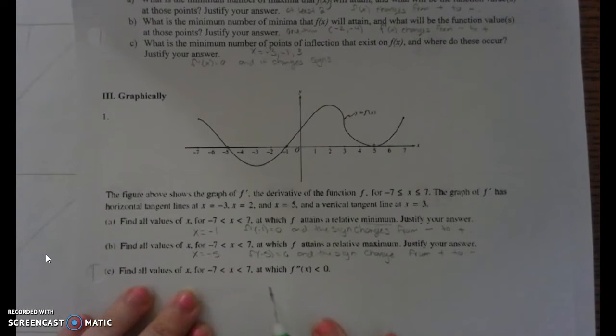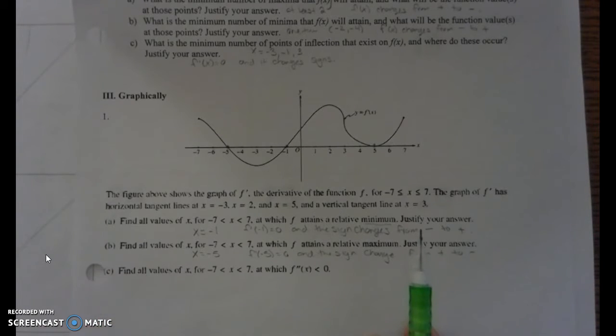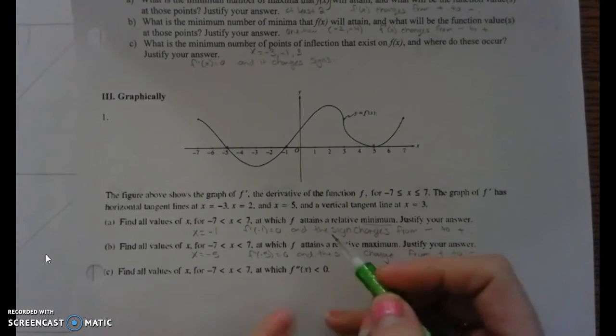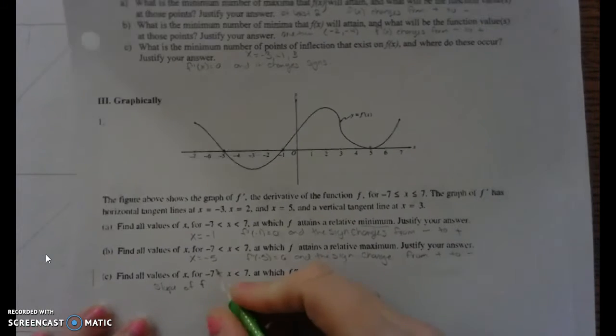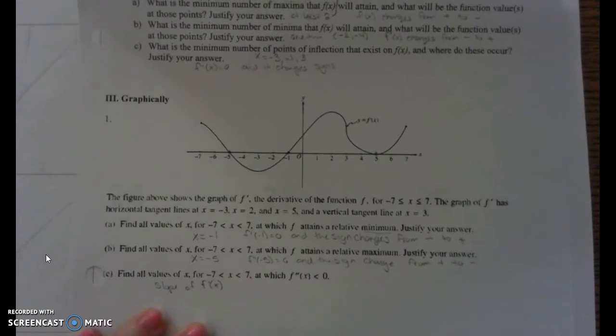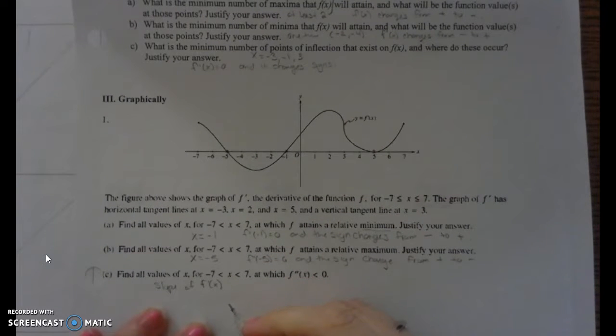Okay, and then the last part here says find all values of x on the open interval at which the second derivative is less than 0. Okay, so this is going to be where we have concave down. So what we're looking for here is where the slope of the derivative is negative.